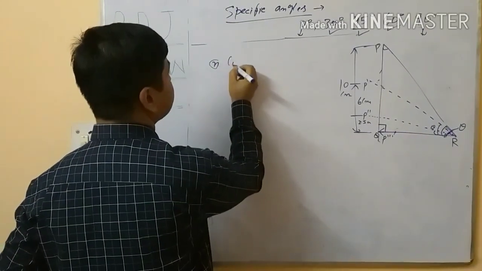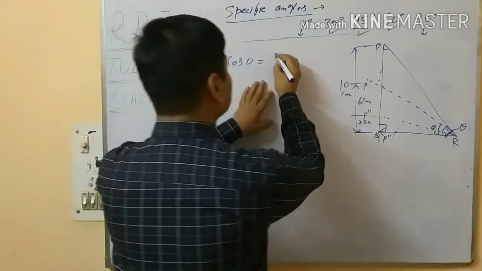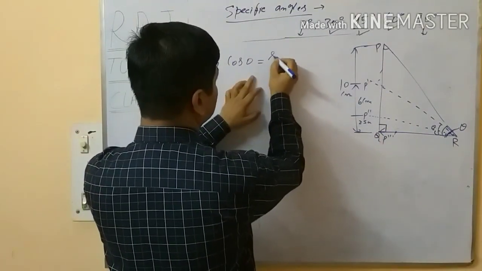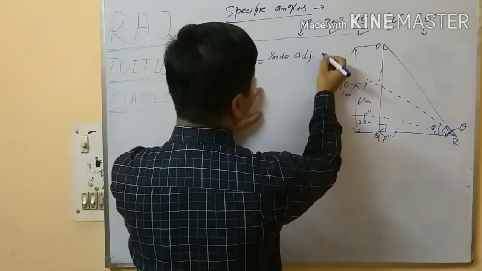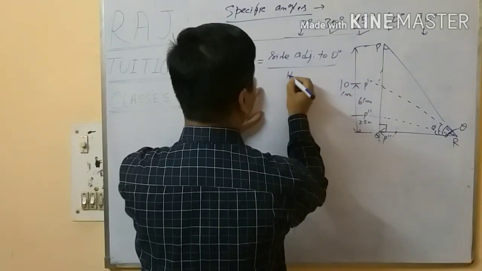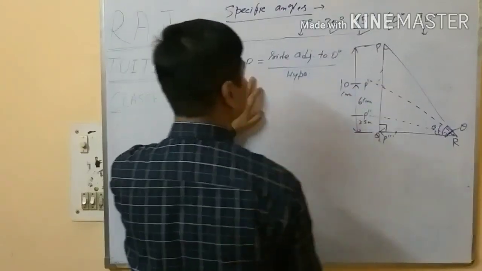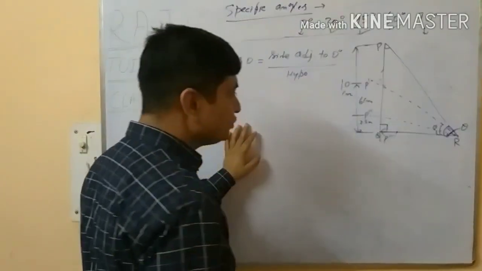Now the next value is cos 0. So I should write the formula first. What is the formula for cos? It is side adjacent to 0 degree divided by hypotenuse. Which side is adjacent to 0 degree now?